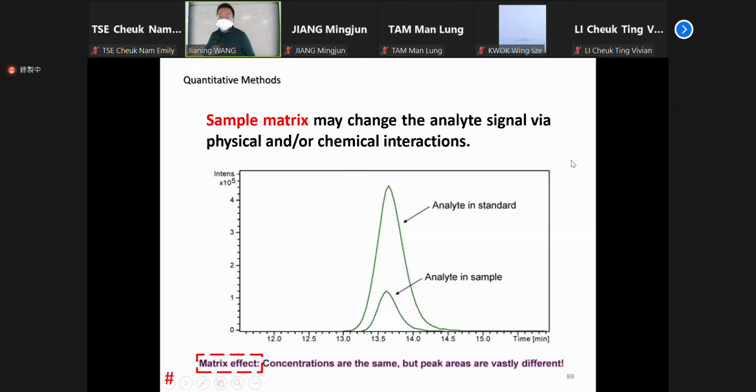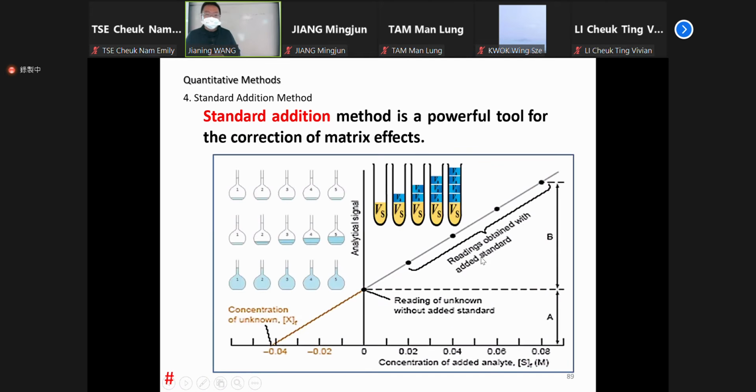Okay, sometimes we have a sample matrix effect. So in this case, we need to use another way. We use the standard addition method, so the matrix effect can be suppressed, and we build a new standard addition curve and calculate using this curve.